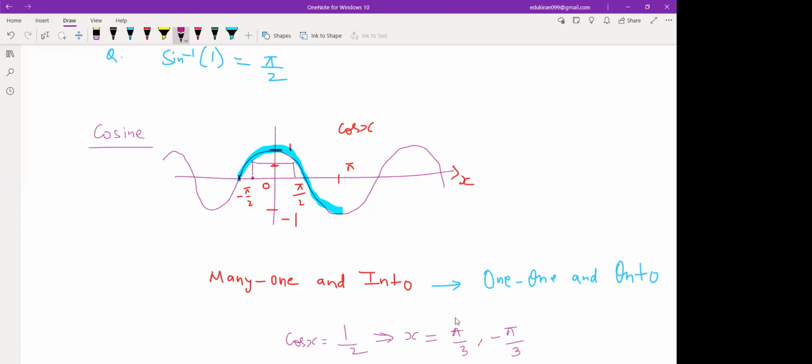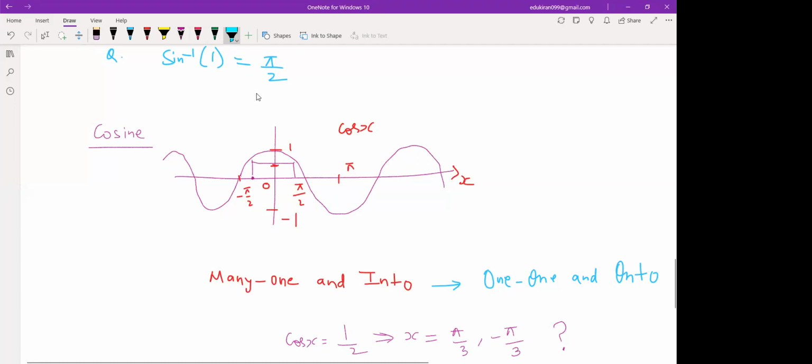So should we take minus pi by 2 to pi? No, sir. So we can't take minus pi to pi, na? So which region do we have to take finally?